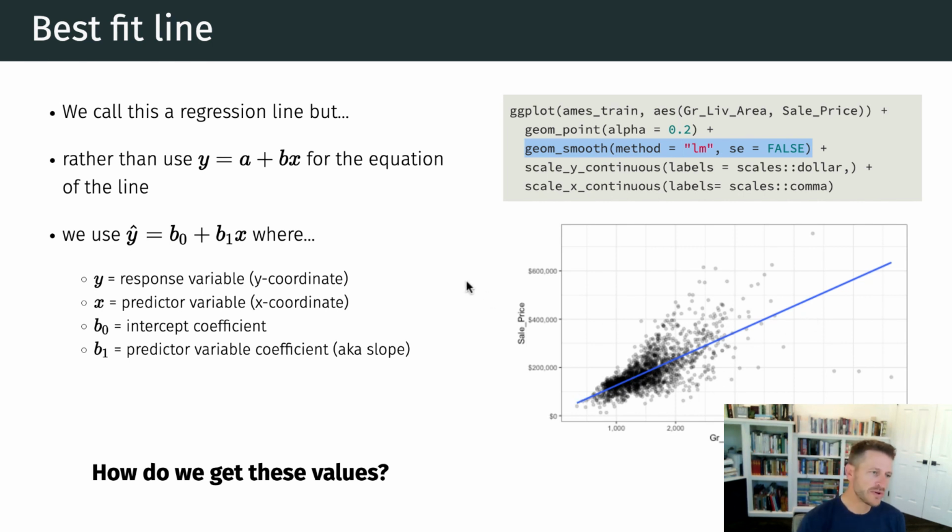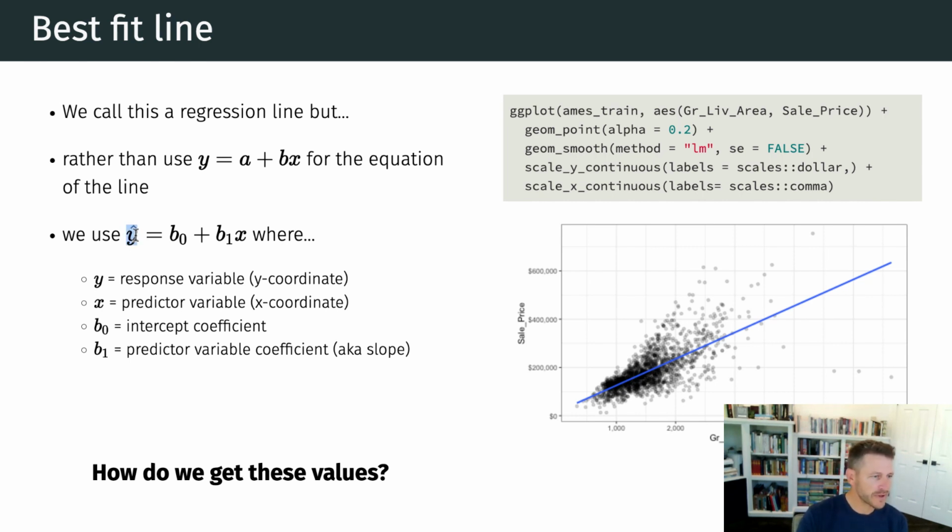Now, when we do simple linear regression, we move away from using this equation of a line, and we move towards this, where we have y hat equals beta naught plus beta 1 times x. This is pretty much the exact same information, just written differently.